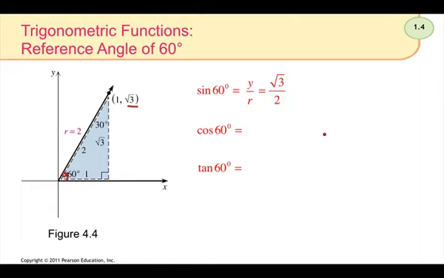I continue with cosine of 60, which is going to be the x value, which is here, over the r, which is just 1/2. And then tangent of 60 is going to be the y value over the x value, and I end up with just radical 3, once I simplify. Let's go on to the next slide.